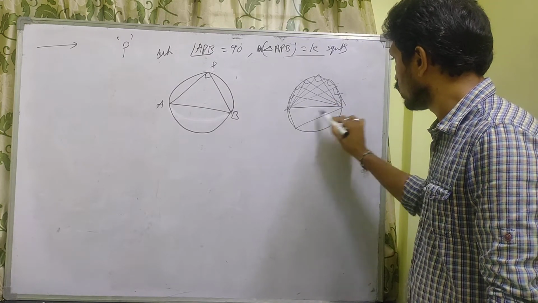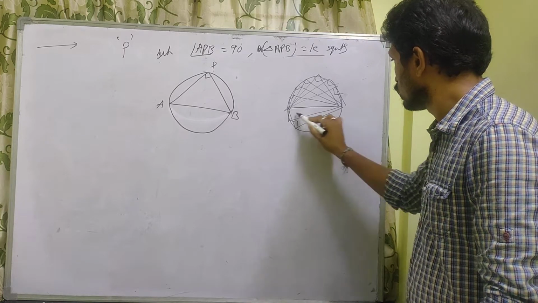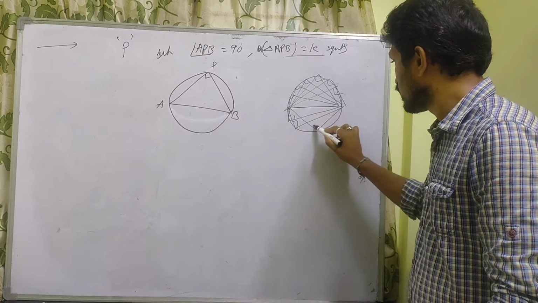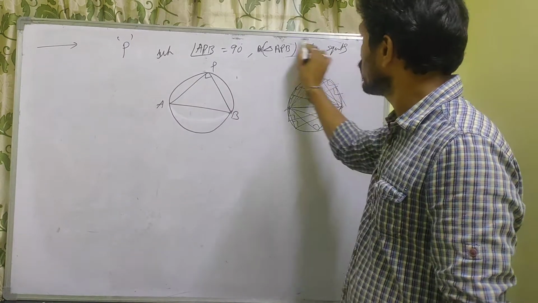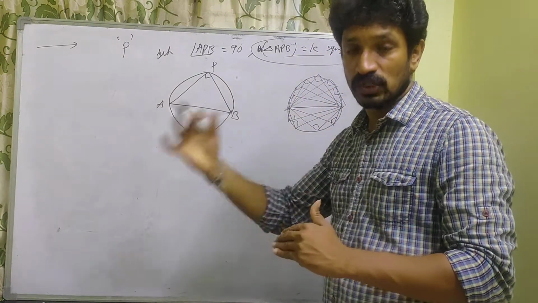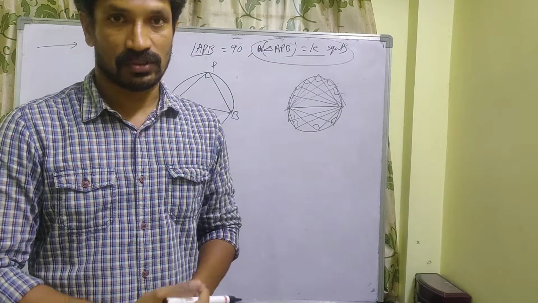This side also we can draw. So like that we can make infinitely many points. But if it satisfies this condition, those points will be reduced.